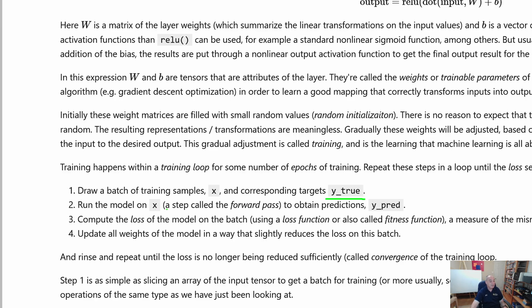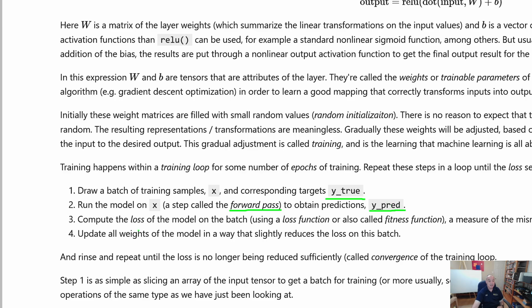Then we run the model on that training input X. This is called the forward pass, to obtain the predictions for that set of inputs, which we talked about in the most recent previous video. That is just applying the tensor transformations for all the layers from the input to get the output, which is our final Y predictions.